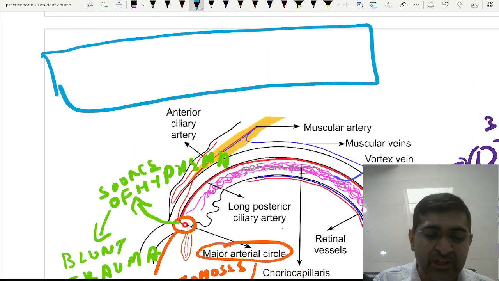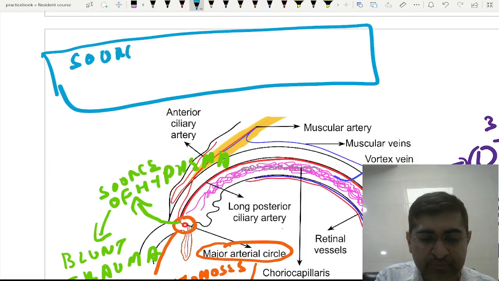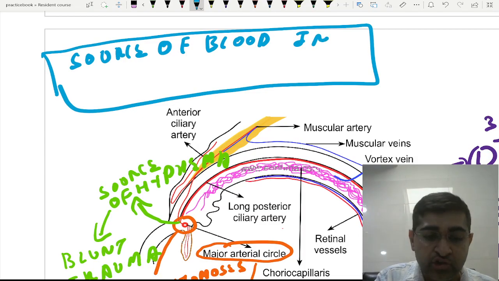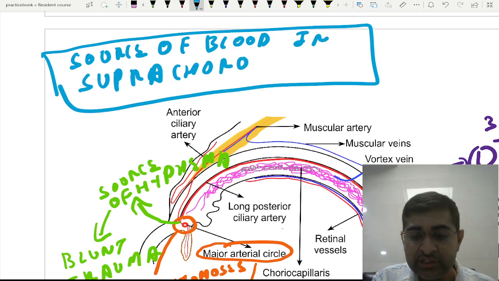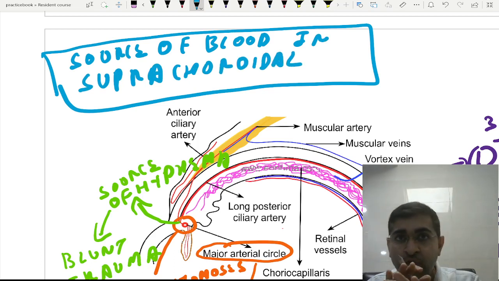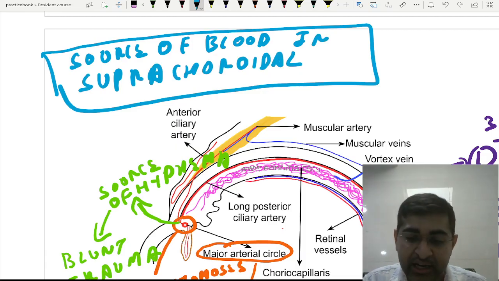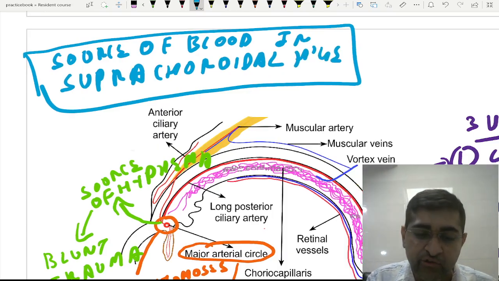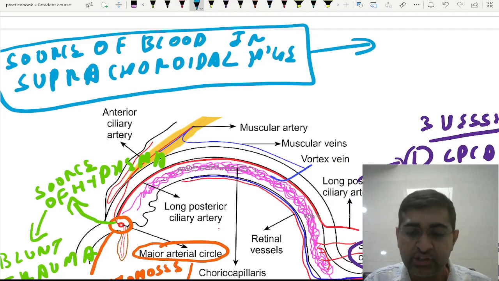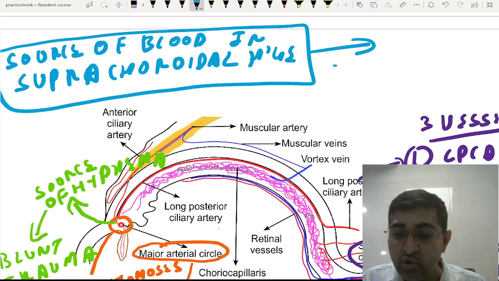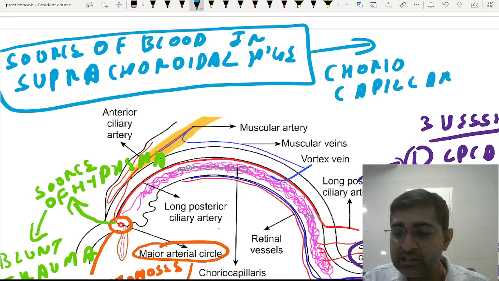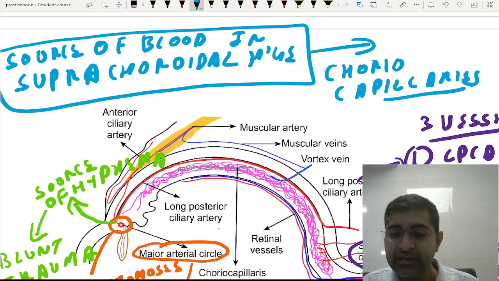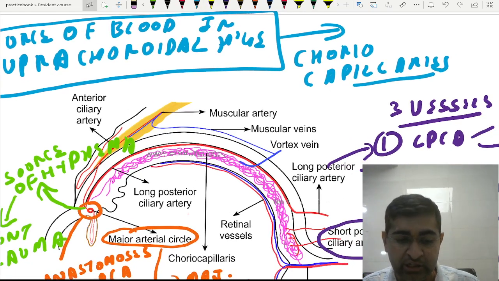The suprachoroidal space is between the outermost layer of the choroid and the sclera, right? The source of blood is actually the choriocapillaries, the same capillaries which are 10 to 20 in number, and these are the branches of the short posterior ciliary artery.